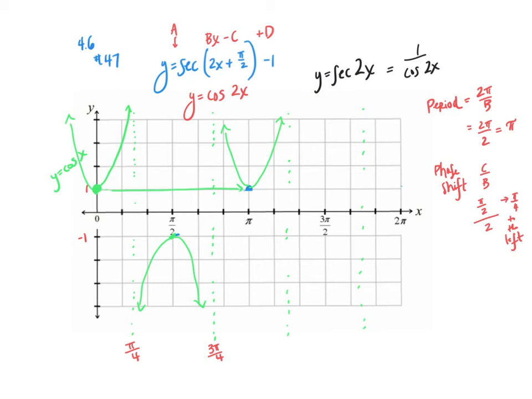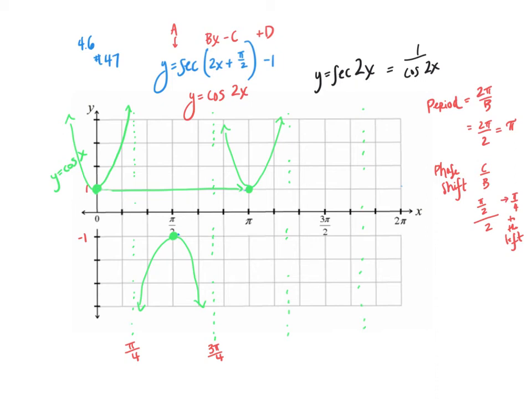So now we're really looking at the secant graph, which is the secant of 2x, because we compressed it. Once you get that piece, the next piece hopefully is a little bit easier.